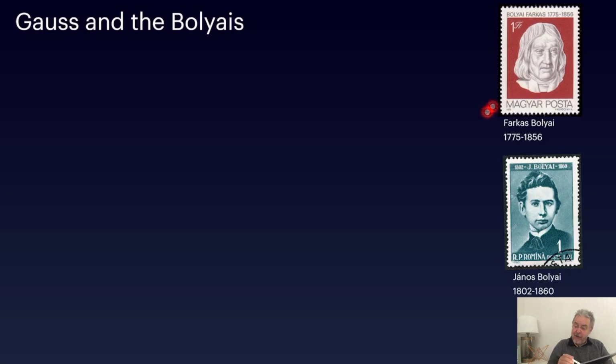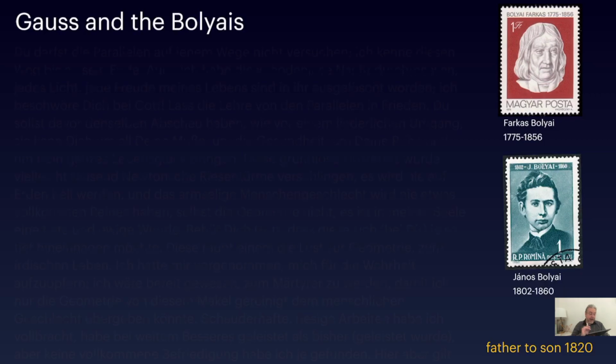So as I said, Farkas Bolyai failed in some way, and there is a really great letter from him to his son where he wants his son not to work on hyperbolic geometry, and he wrote that letter in 1820, and I want to read from that letter, and I do that in German because I don't have a good translation to English of that letter. You can find a rough translation of it in the Perspectives book. So let me read from that letter.